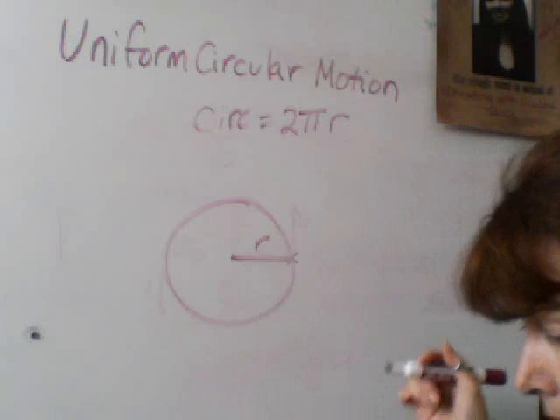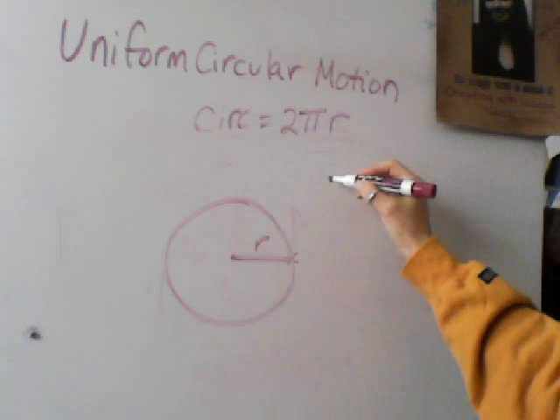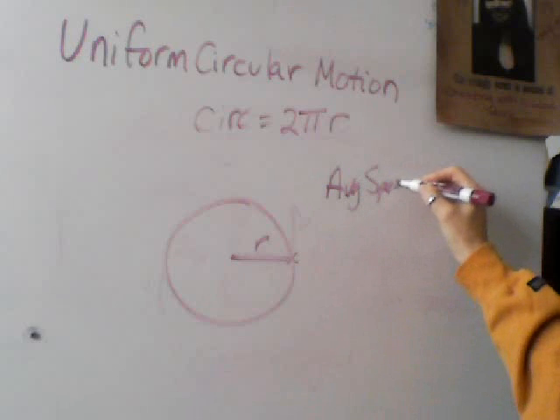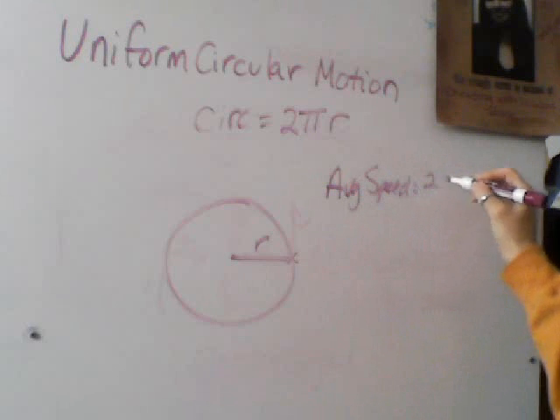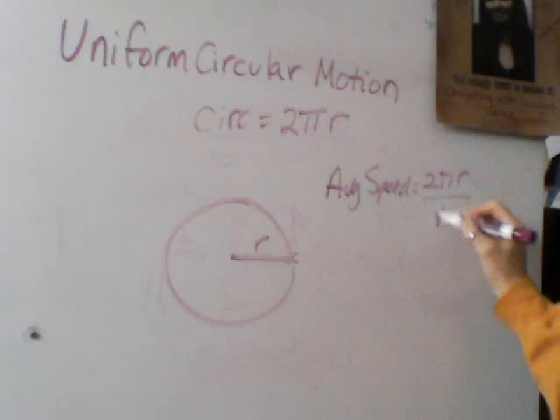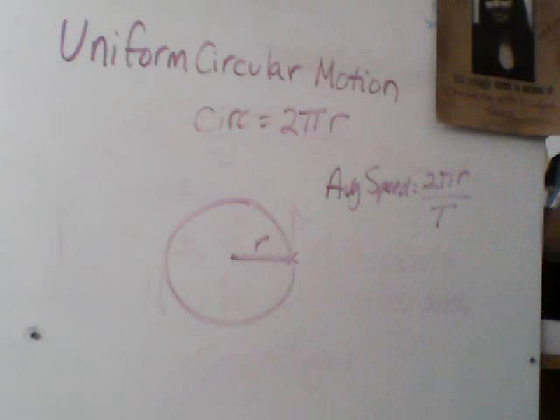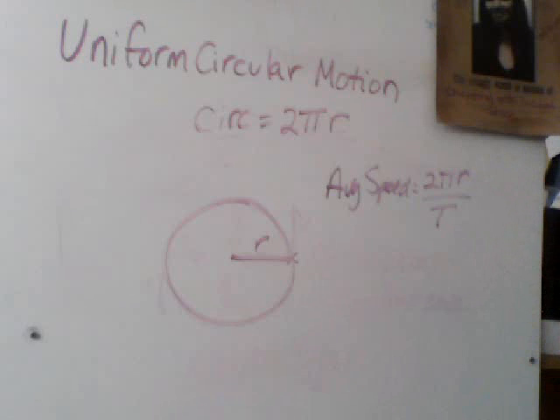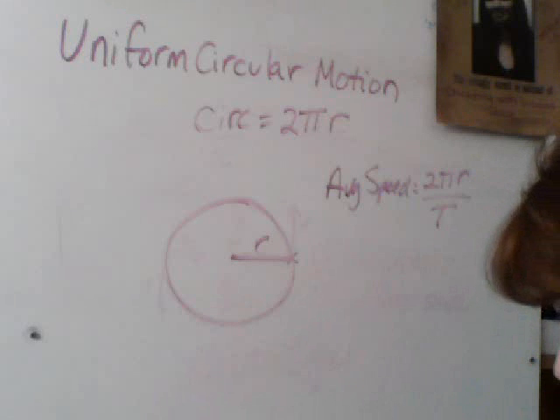So we can then say that the average speed of an object could be 2 pi r over time, substituting in for that other equation that we had, distance over time.